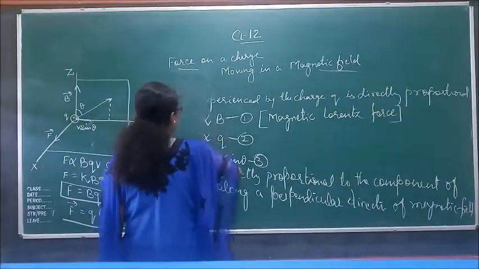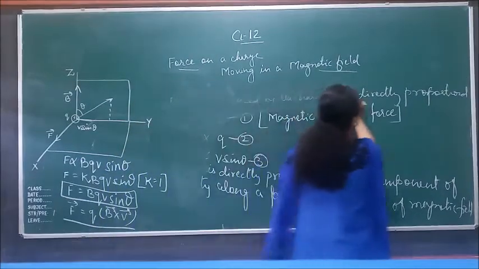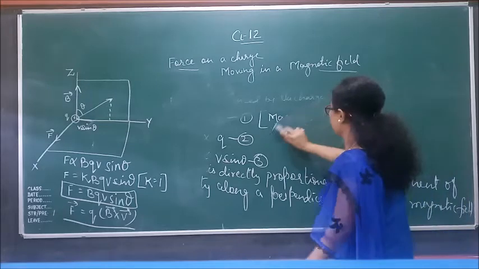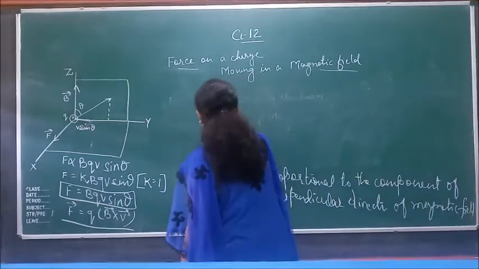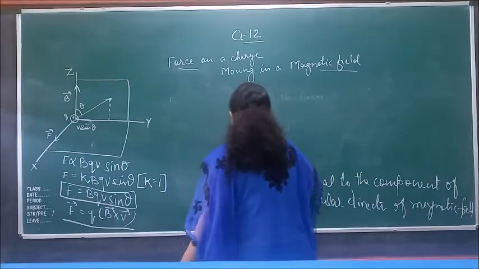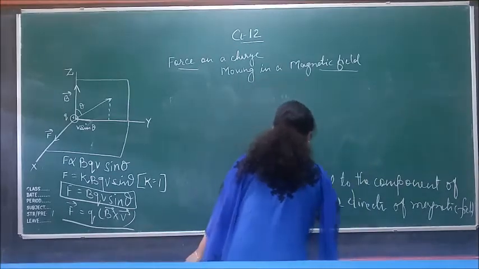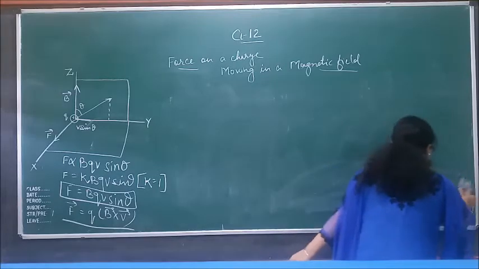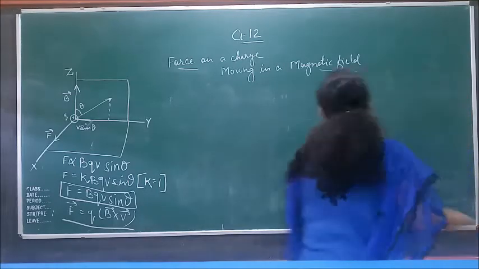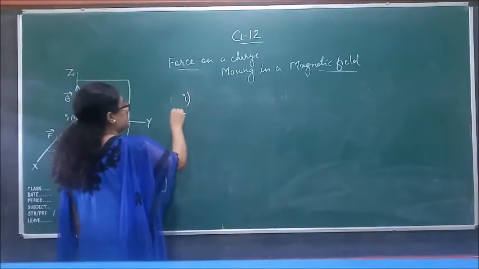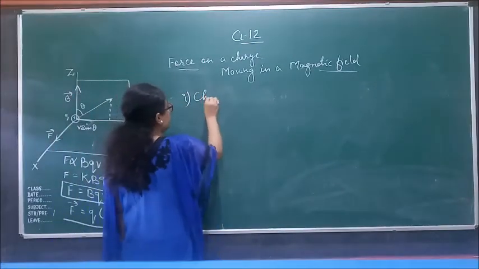Now after doing this, there are so many conditions. There are three conditions for when the magnetic Lorentz force will be maximum or minimum. For the first case, when the charge is at rest.